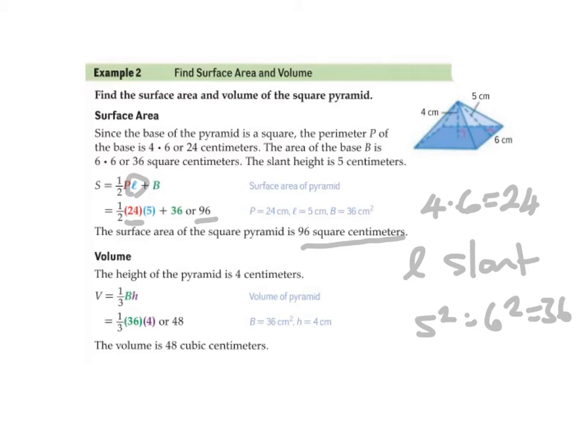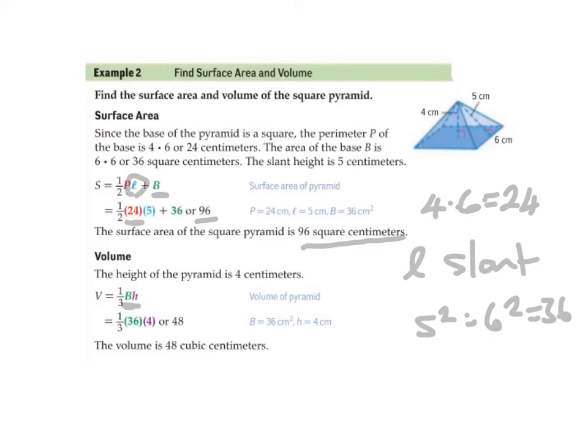Now the volume is 1/3 of whatever the area of the base is times the perpendicular height. If you look, most of the times, between your surface area and your volume, you're going to have the same particular area of a shape. So in this case, we need the base there, and we also need the base here.